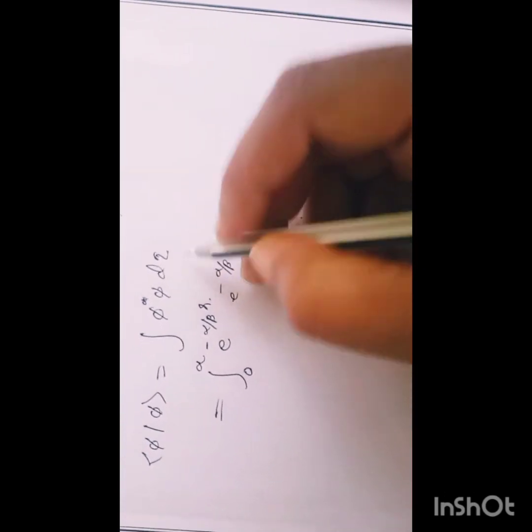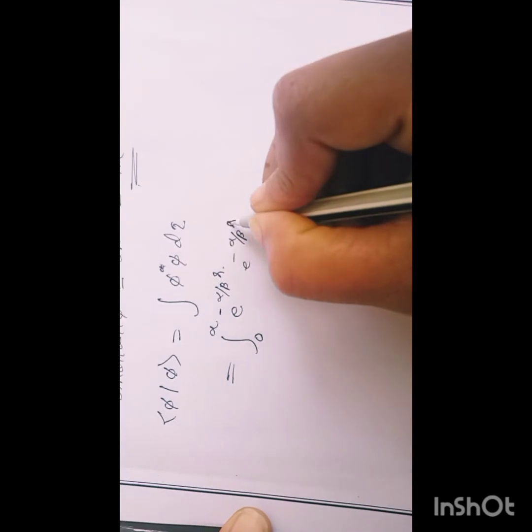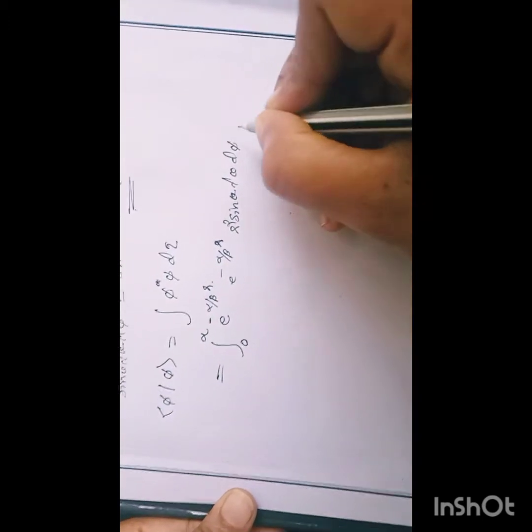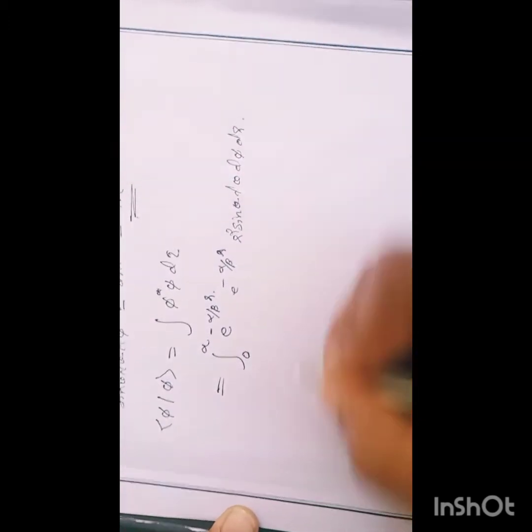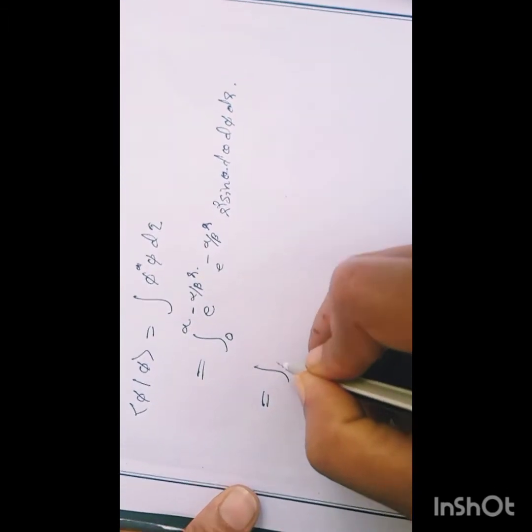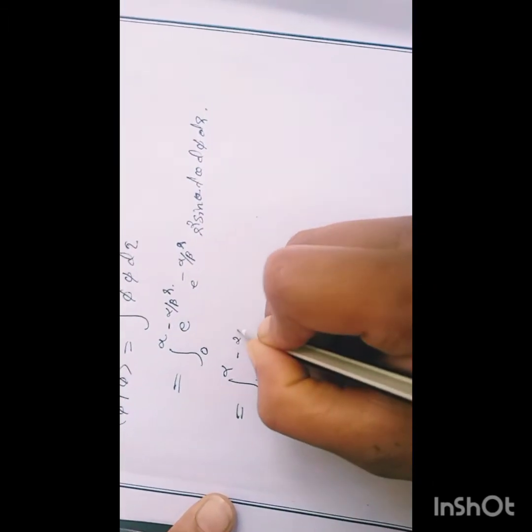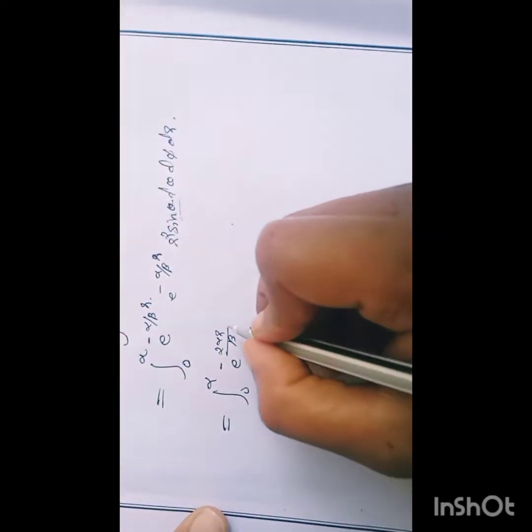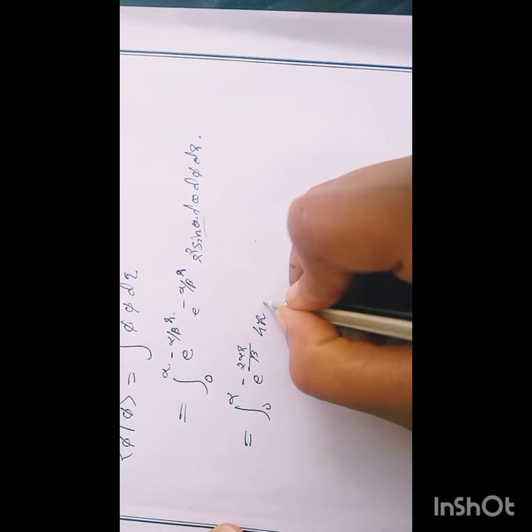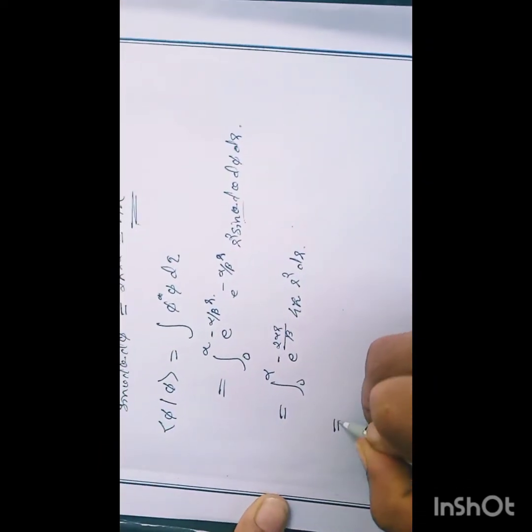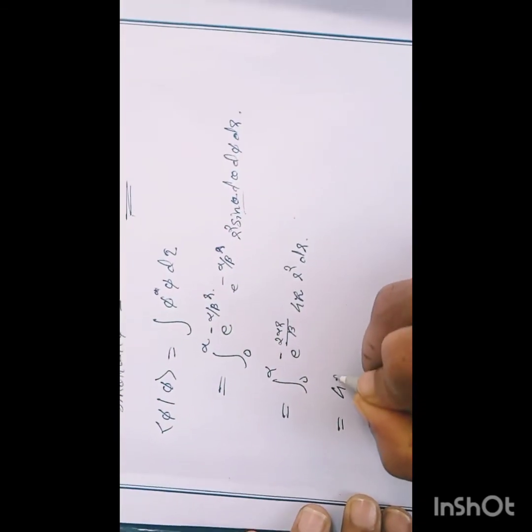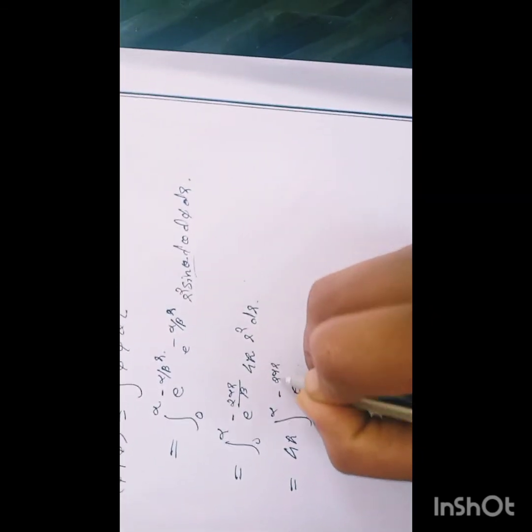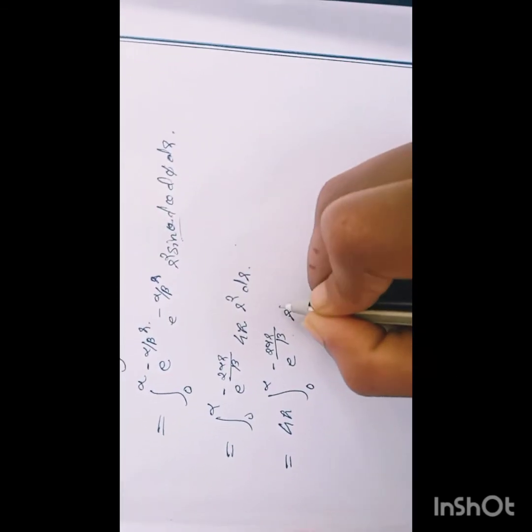Then d tau becomes r square sin theta d theta d phi dr, which is equal to integral 0 to infinity e raised to minus 2 alpha r by beta, 4 pi, the angular part, r square dr. Then 4 pi into integral 0 to infinity e raised to minus 2 alpha r by beta r square dr.